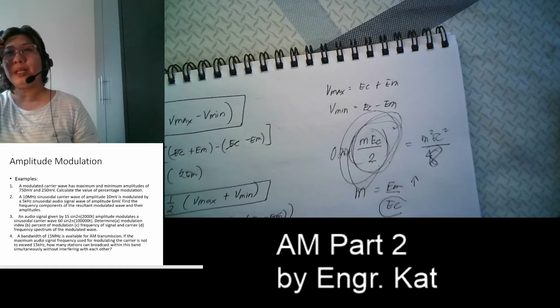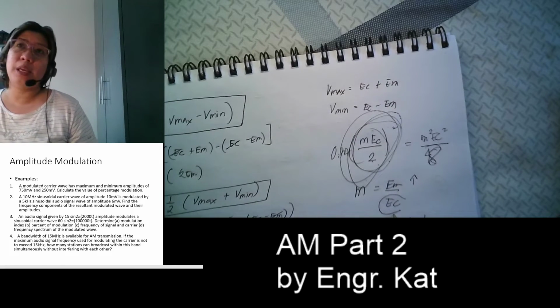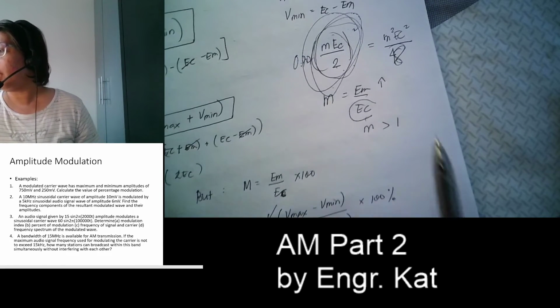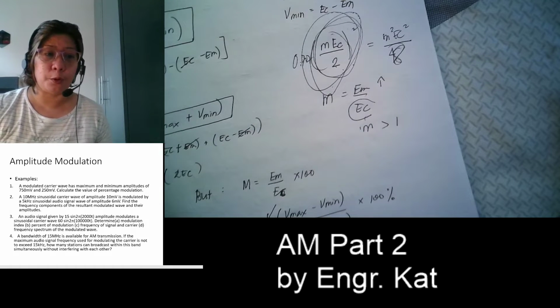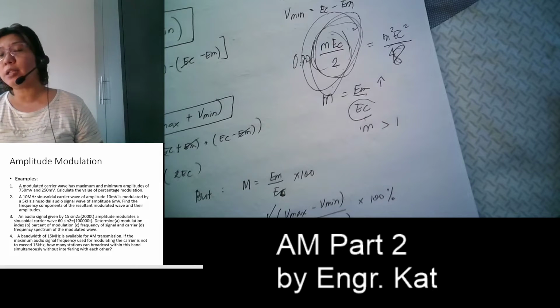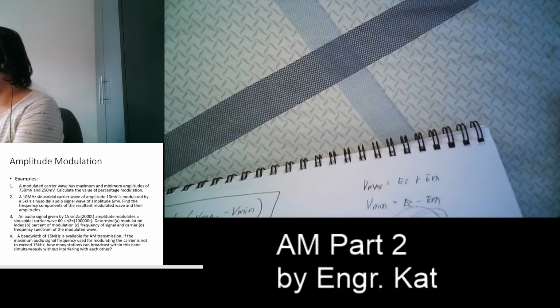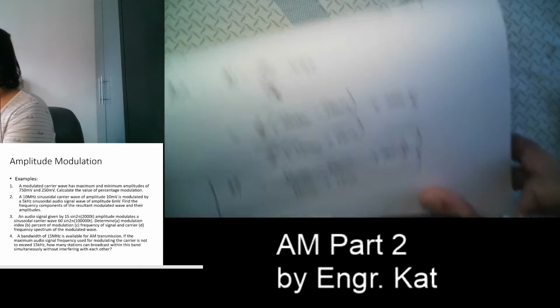We know that M is equivalent to EM over EC, but we are not given the amplitude for EM over EC. Rather, we are given the maximum and the minimum value. So the solution is very simple.